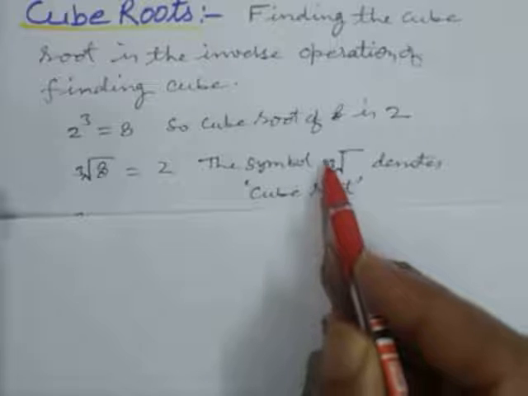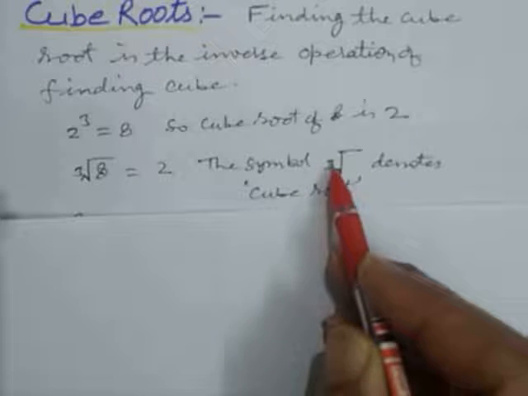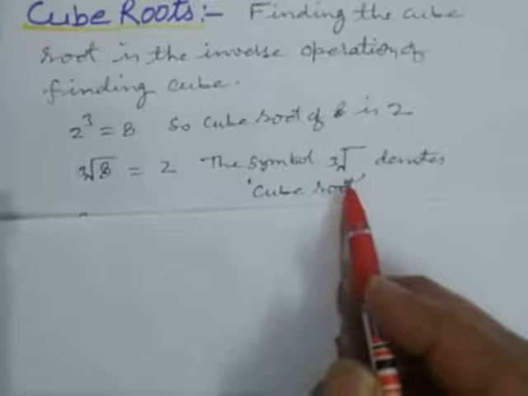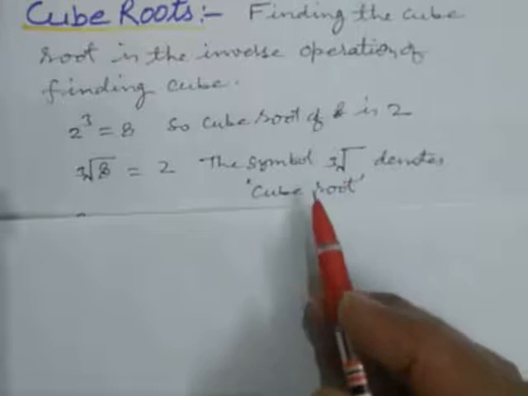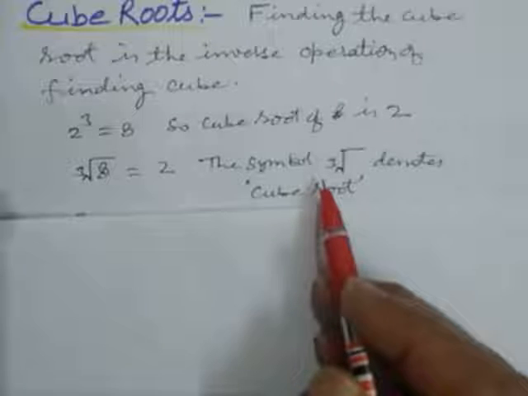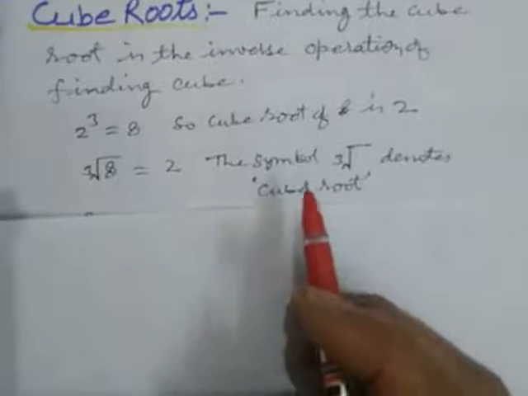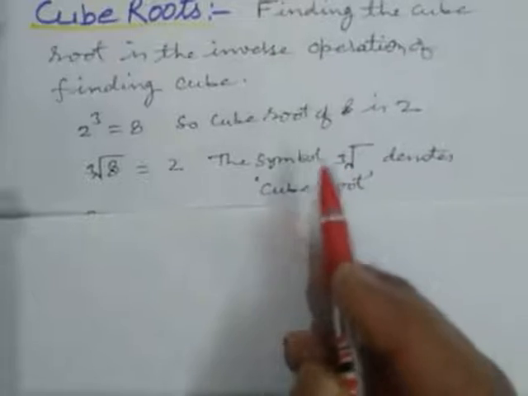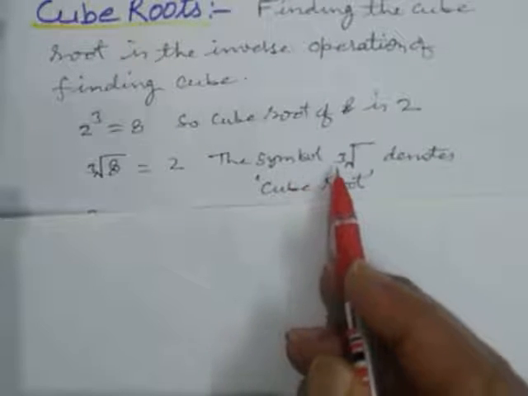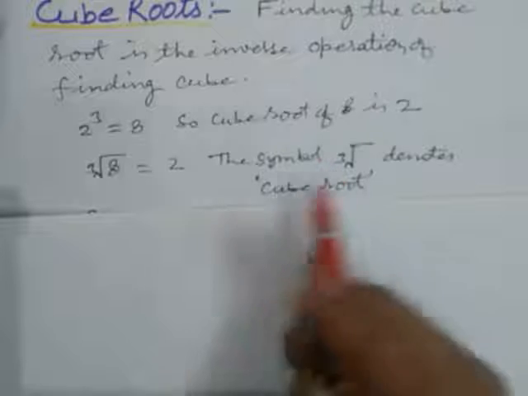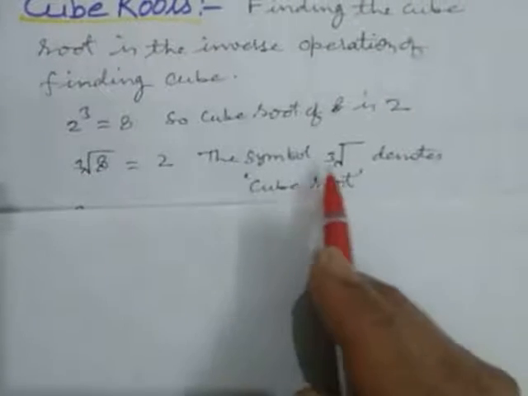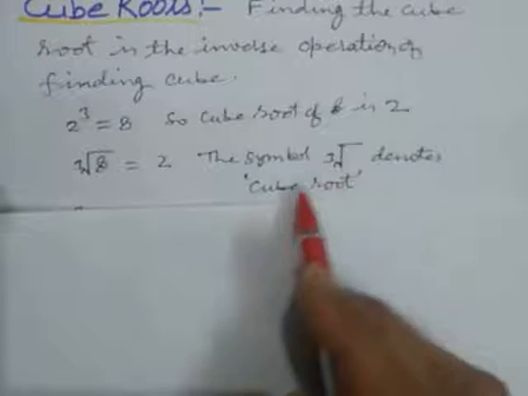If we put n here, then it is the nth root. This is the symbol of root, that is 1 upon something. Square root means 1 by 2, cube root means 1 by 3, and nth root means 1 by n power. So here we provide this sign for cube root.